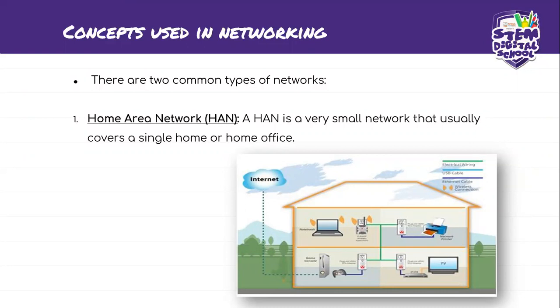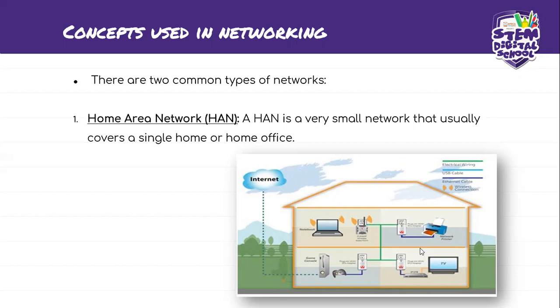What do we mean by home area network? A home area network is a very small network that covers a single home or office. Can we please all take a look at the picture on our slide? The picture has devices connected.